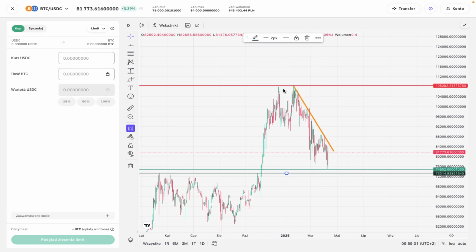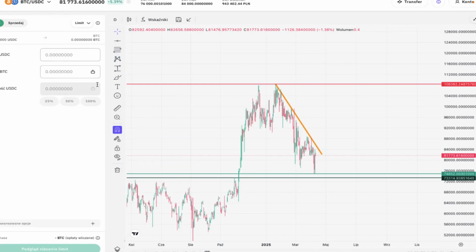Let me just mark it as a black line, or this very dark green. This is the line of technical support that separates the short-term downswing or downtrend from the mid-term downtrend. So any breakout below this technical support means that the market would be even more bearish than it is right now, and the downtrend should continue.